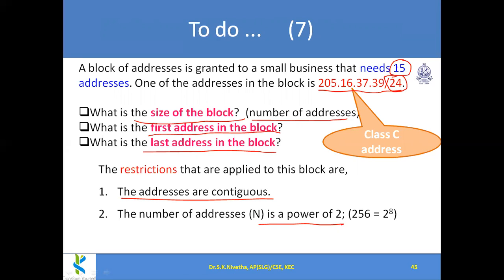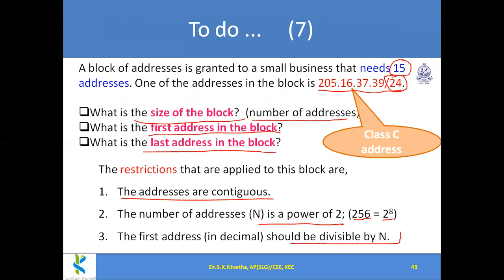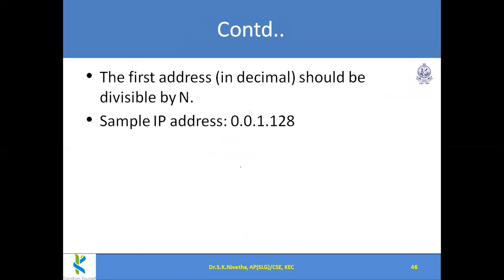I can assign in powers of 2. If it is class C, I can assign only from a class C. Each block in class C has 256 addresses, so that only I can allocate. And the first address should be divisible by n. If I take n as 256, the first address should be divisible by 256. So we shall see how it is.